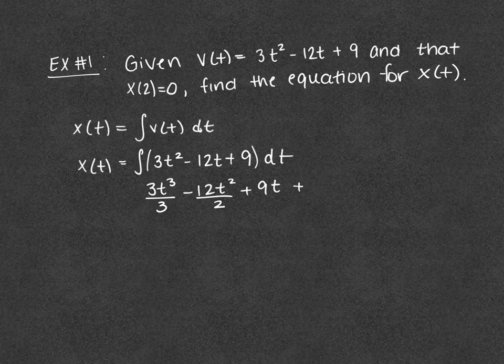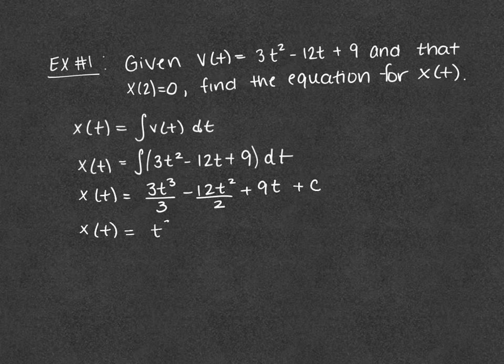And then don't forget our plus c. So my x of t function, simplified, is t to the third minus 6t squared plus 9t plus c. If we knew what c was, then we could have our x of t function.